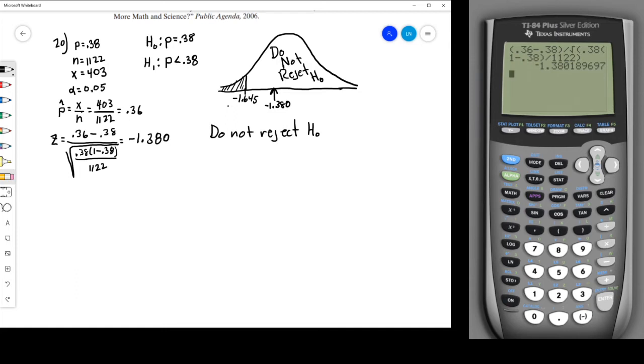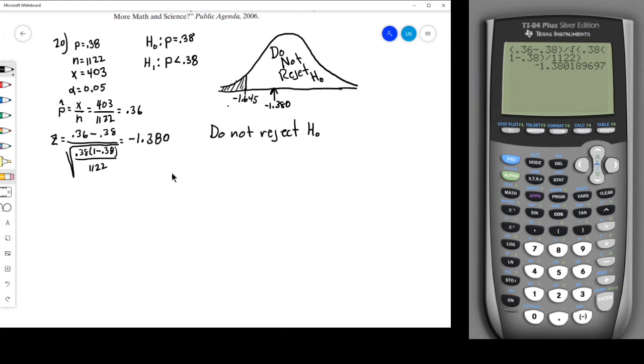In order for our test value to be enough standard deviations from the mean to be considered unusual, it would have to fall out here on this side, because this is our cutoff for unusual under these conditions. So because I didn't fall out here, that means that the evidence that we collected is not enough to support the claim.